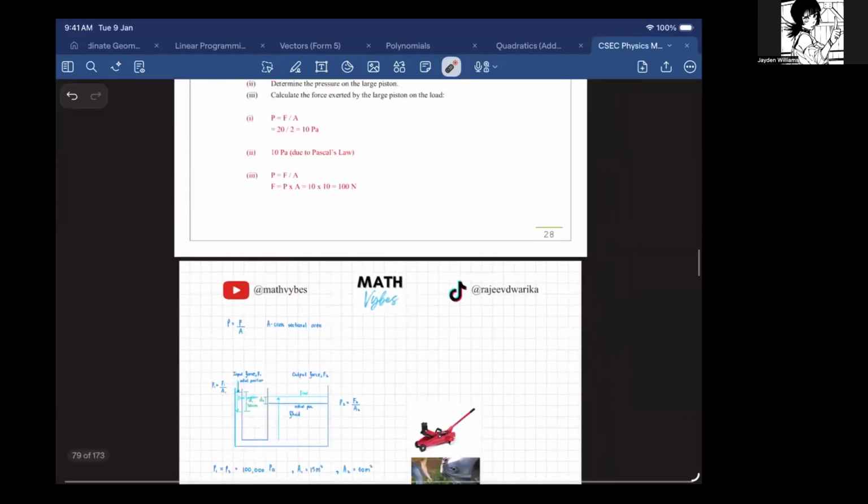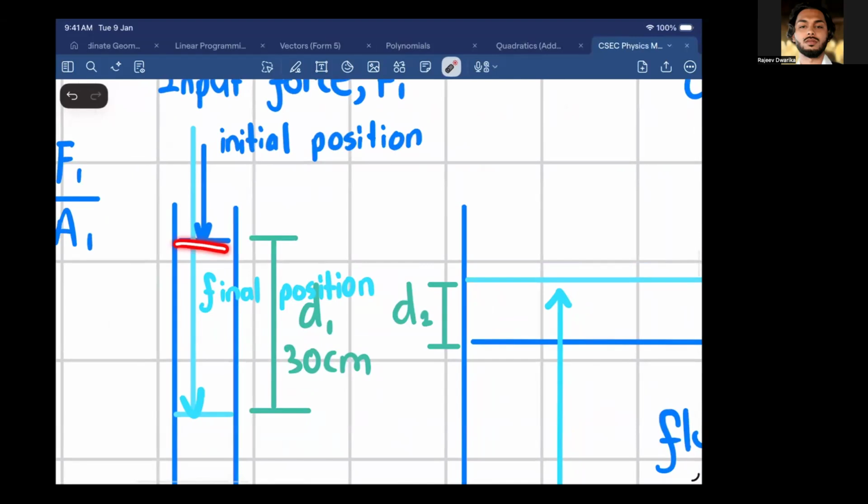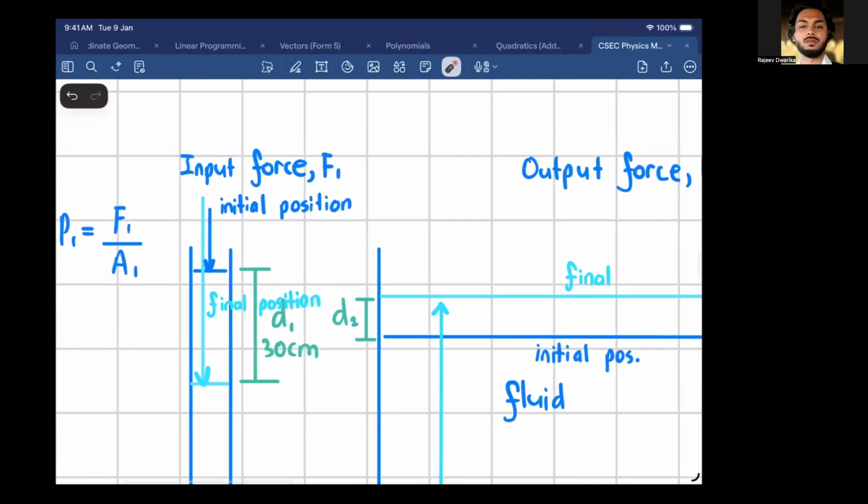Yes. Okay. So this will be the plunger, and the entire thing will be the piston. This is the plunger, this is the ram, and the entire thing is the piston. You sure you understand that? Yes.